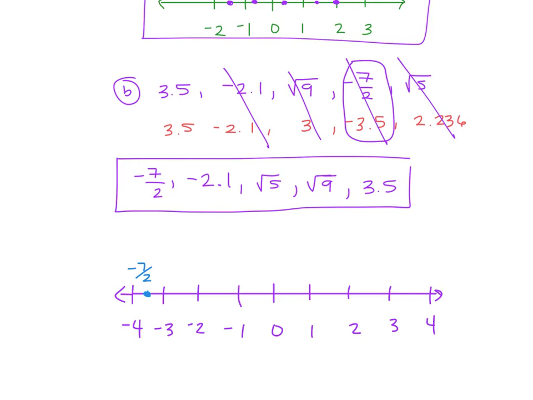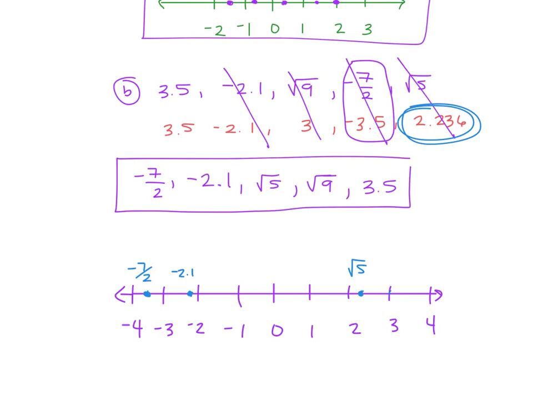Second one, we have negative 2.1. So that's going to be slightly to the left of the negative 2, right? Negative 2.1 would be here. Then we have the square root of 5, and if you look up here, that was 2.236. We'll put that here, but that was the square root of 5.